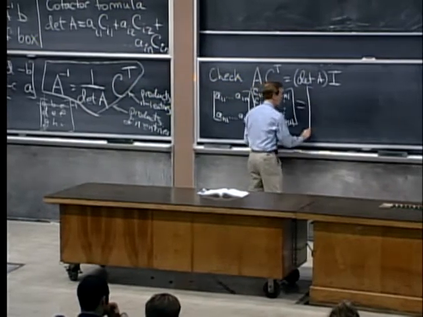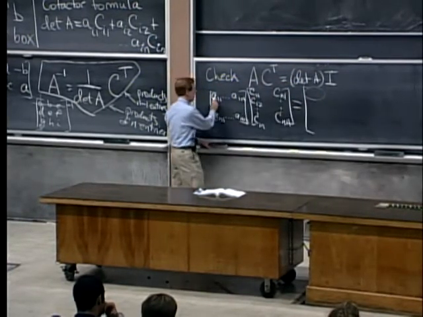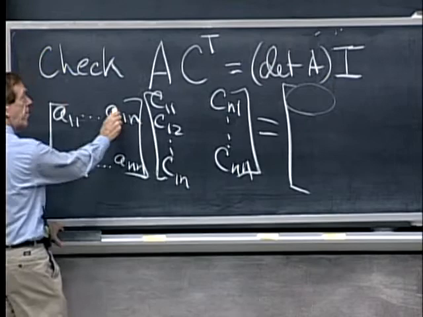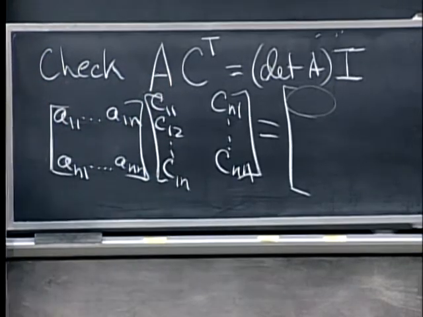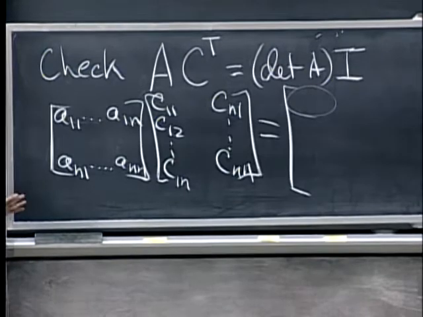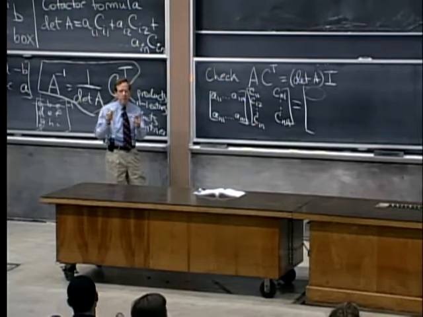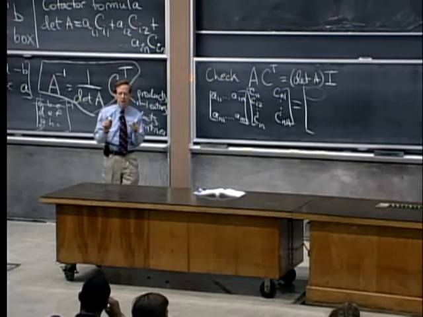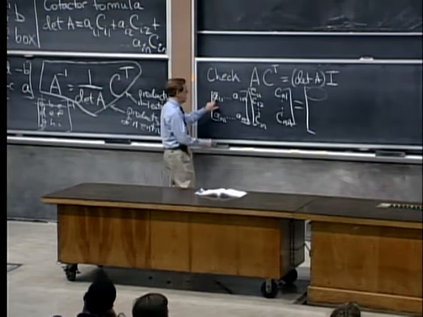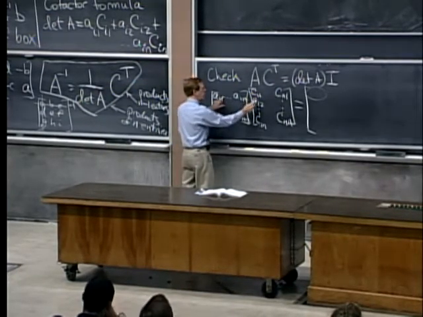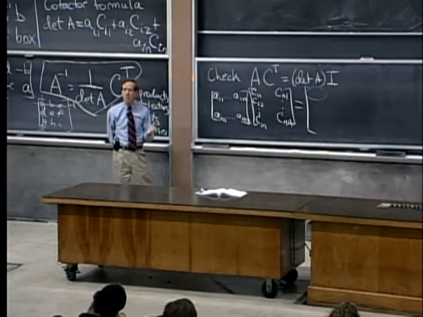What do I get up there in the 1,1 entry when I do this row of A times this column of cofactors? What will I get there? Because we have seen this. We're building exactly on what the last lecture reached. So this is A11 times C11, A12 times C12, A1n times C1n. What does that sum up to?